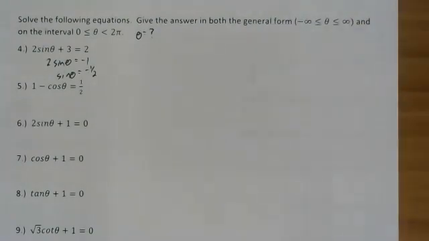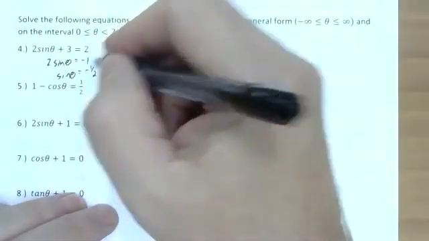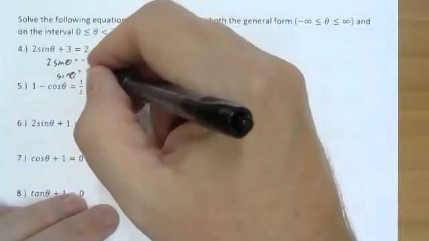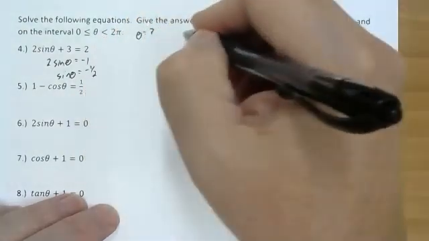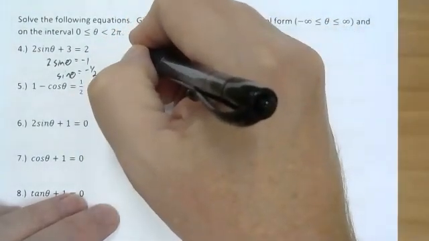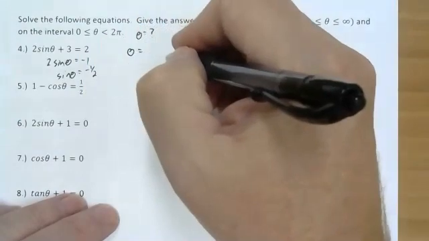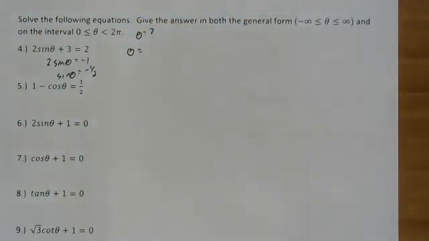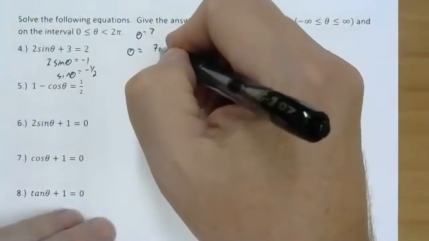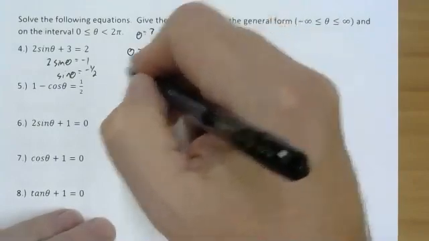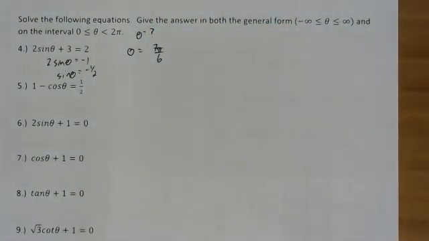So you can look at your unit circle, although hopefully some of you like me sort of have it memorized. So where is the sine of theta negative 1/2? Well, the sine is negative in quadrant 3 and 4. So in quadrant 3, I know that the angle 7 pi over 6, the sine is negative 1/2.